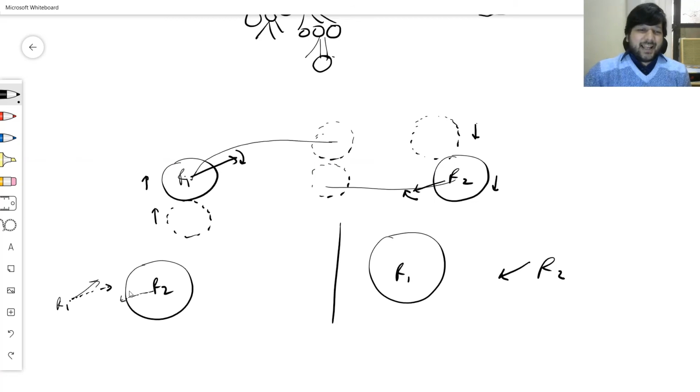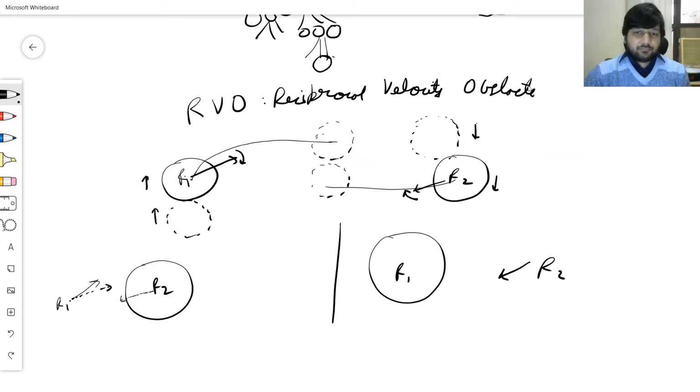So this is called a reciprocal velocity obstacle. And the reciprocal velocity obstacle says that I only apply half the correction, the other half is applied by someone else.